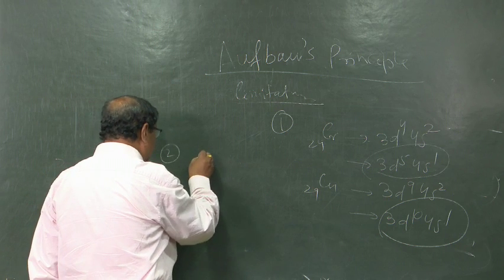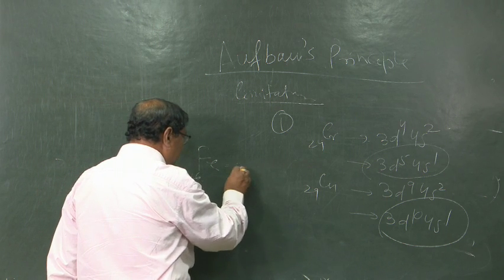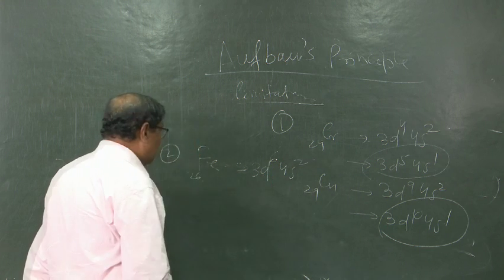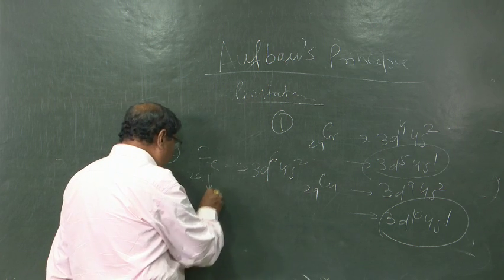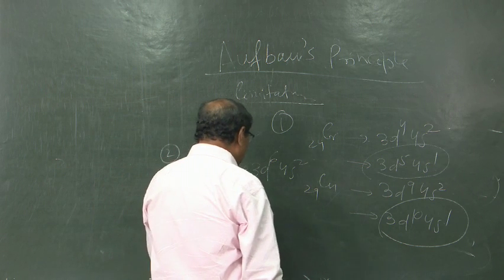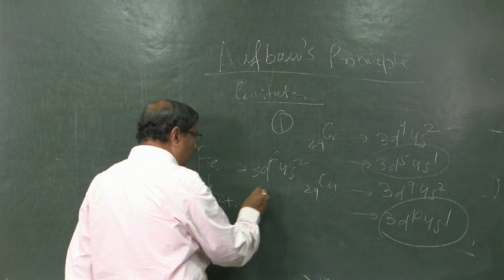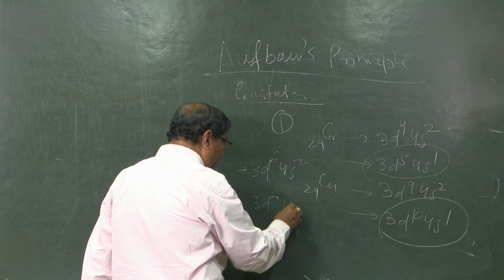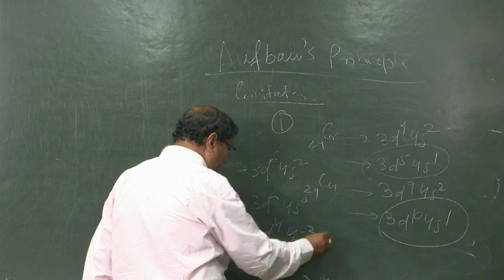The second exception is the ionization energy of iron. Iron is 26, so it is 3d6 4s2. If an electron is lost for ionization, suppose it is converted to iron 2 plus. The electrons are lost from the 4s, so it will be 3d6 4s0, not 3d4 4s2.